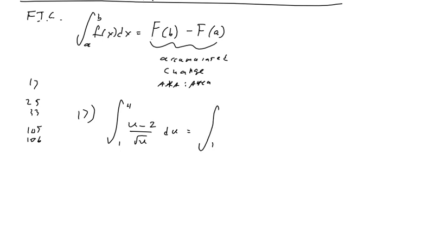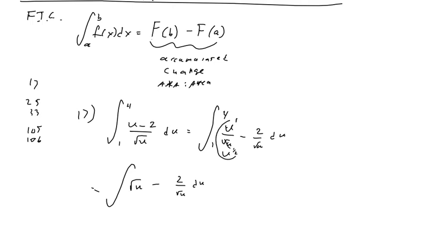This is what we do occasionally. We have u over root u minus 2 over root u du. When we split it up like this, we can split the top into two pieces. This becomes much easier because the u on the bottom is u to the 1/2. When I have the radicals, it becomes u to the 1 minus a half, which is u to the half, so it becomes square root of u minus 2 over root u du.